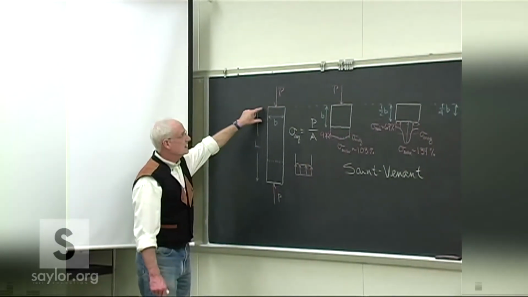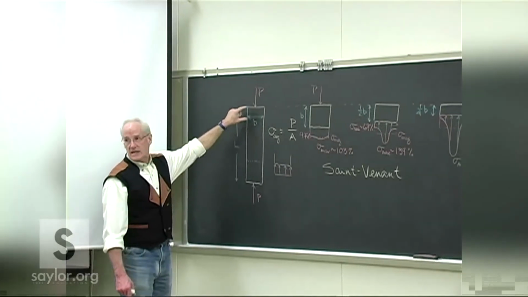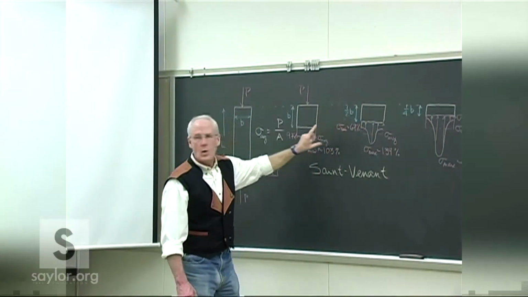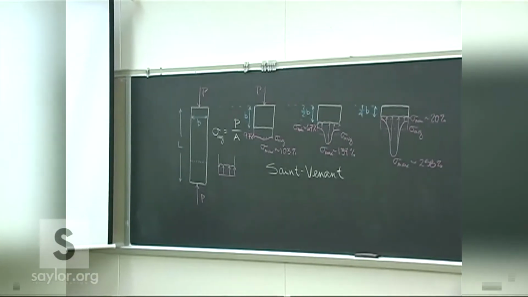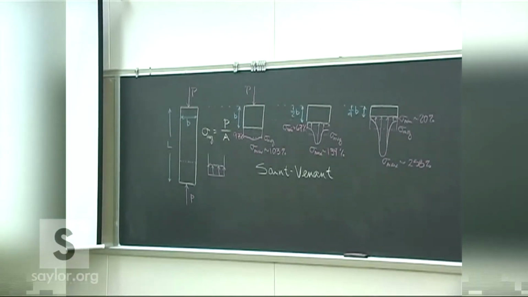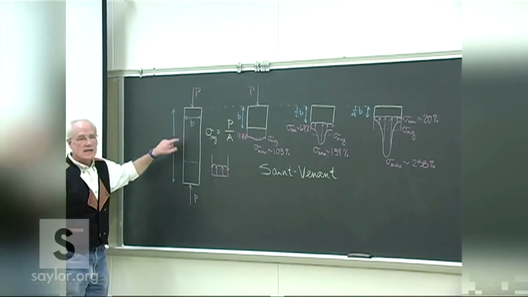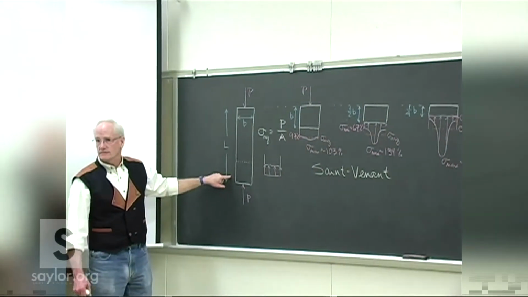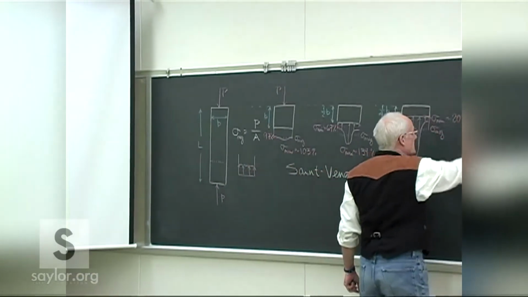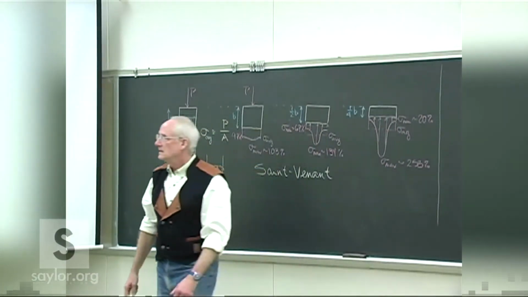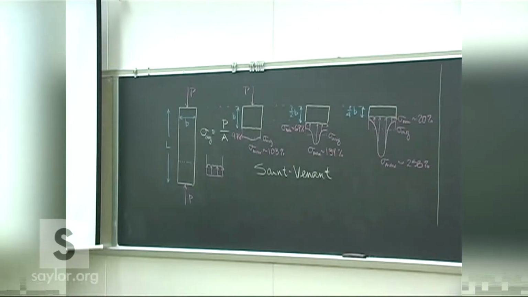That you only need to concern yourself either at the ends or at places where something sudden happens. Either a new load is applied or there's some drastic change in the solid itself. And so we'll look at those kind of things now.